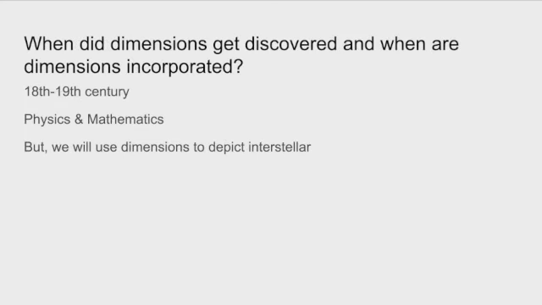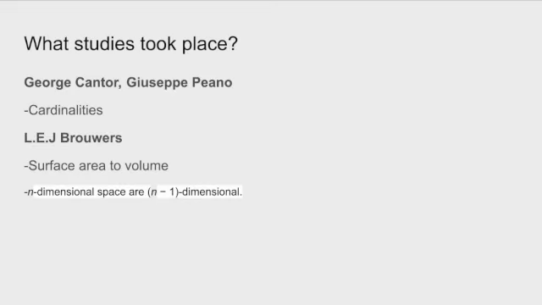Okay, so around the 18th to 19th century, there were studies, and here we go. If we start with the first piece, cardinalities, George Cantor was able to try to explain how, say, a line is made up of something.